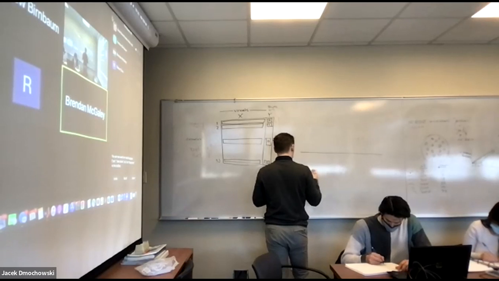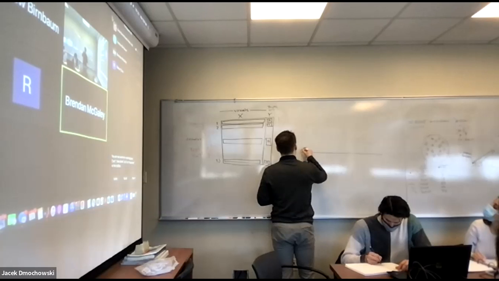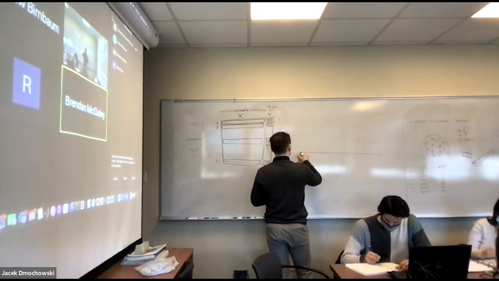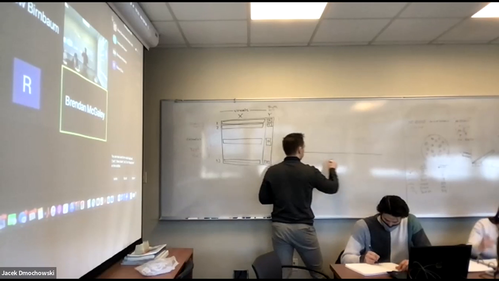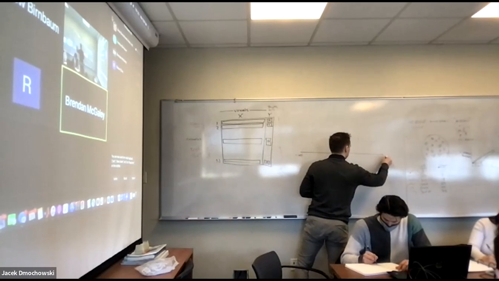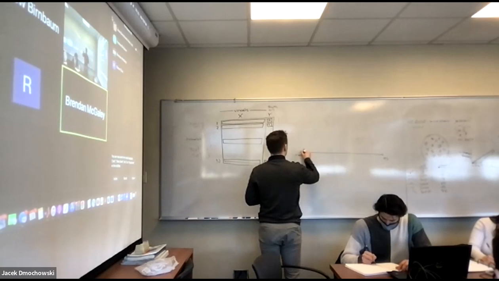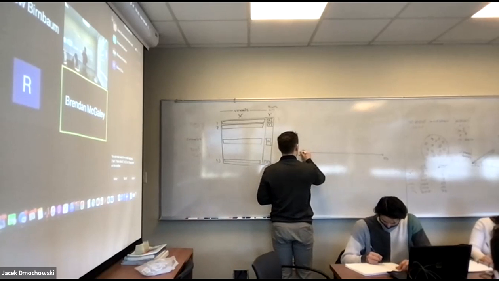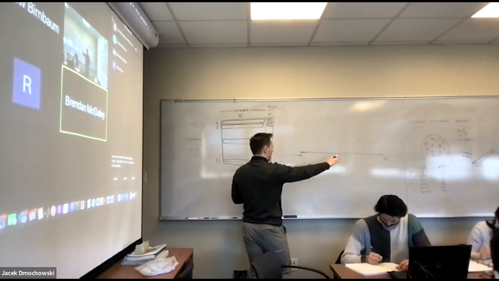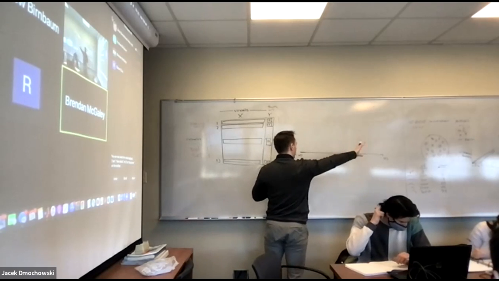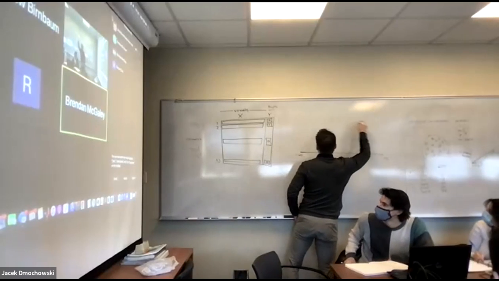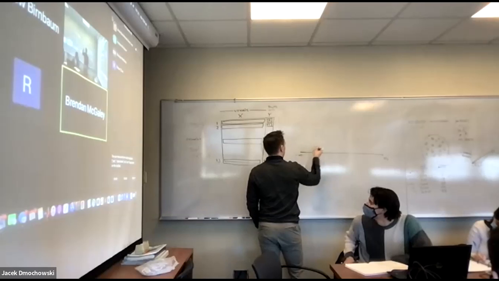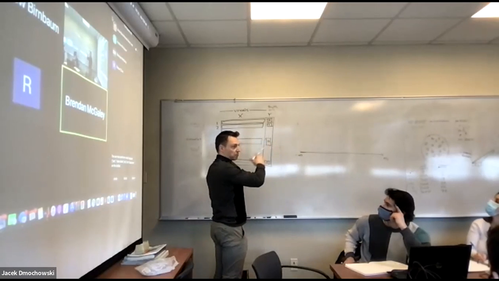Many learning algorithms assume that if the features look one way, we have a probability of 1, and if the features look the opposite way, we have a probability of 0.